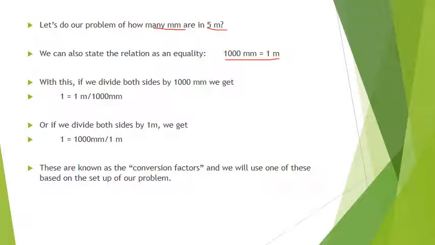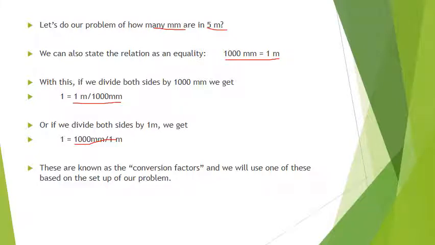If we do that, we get 1 equals 1 meter divided by 1,000. Or we can do it the other way, and you divide both sides by 1 meter, and you get 1,000 millimeters per 1 meter. Okay, these are both equal to 1, so both of these are equivalent values.